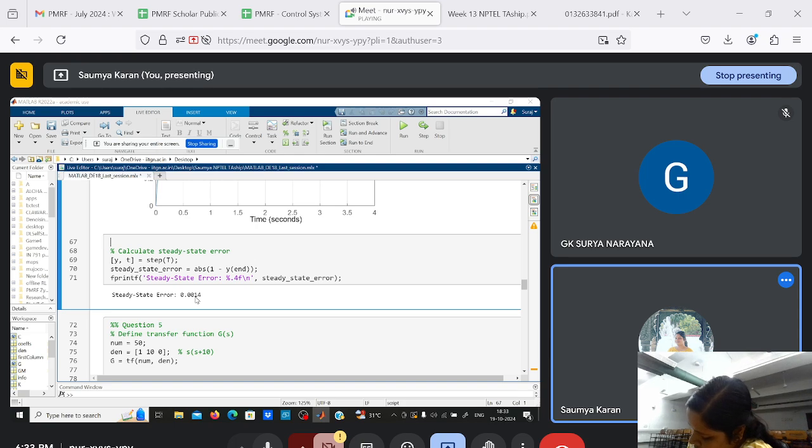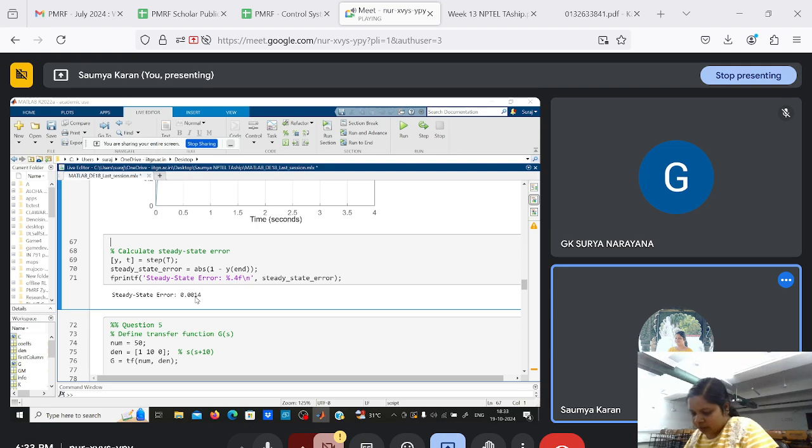If either of gain or phase margins, if either margin is negative or close to 0, the system is on the verge of instability or already unstable.